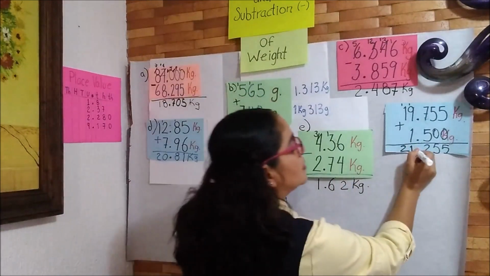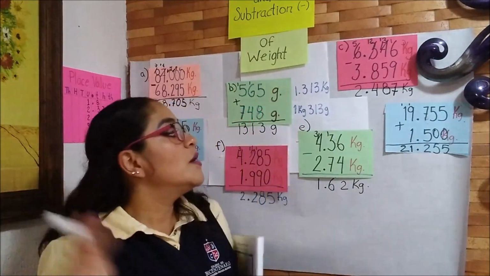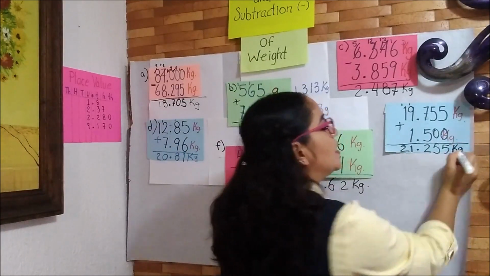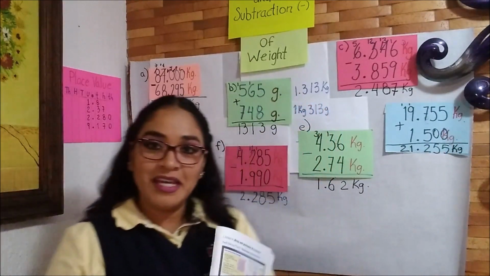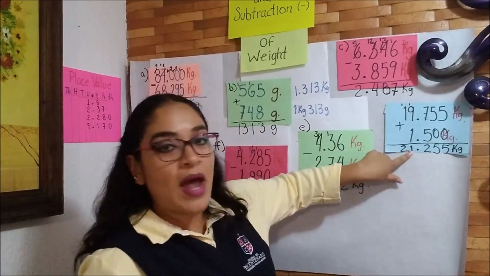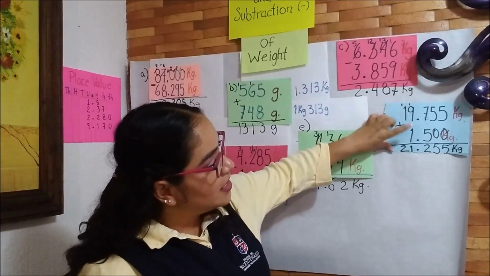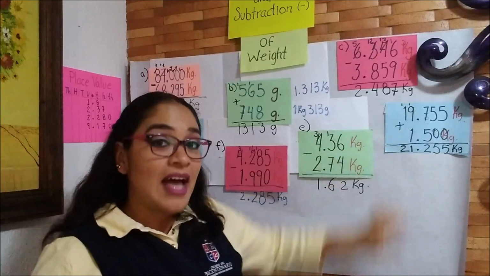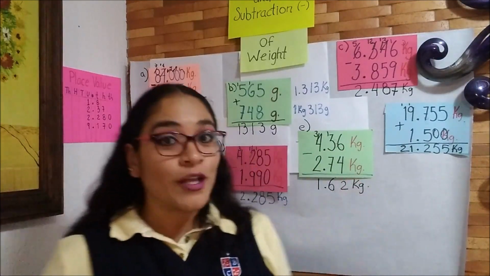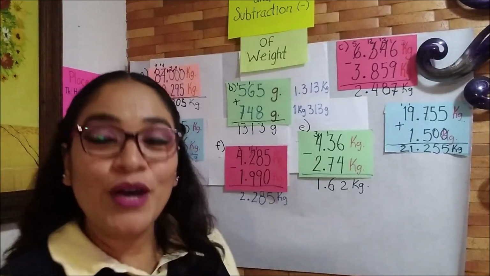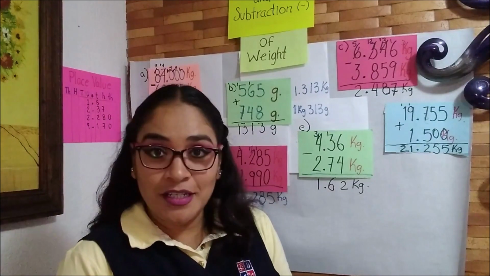We have the answer that Anna weighs 21.255 kilograms. Here, if you want to see, you can subtract this minus this, and you will get this as a result. That is the difference that the problem is talking about, okay? Wow!